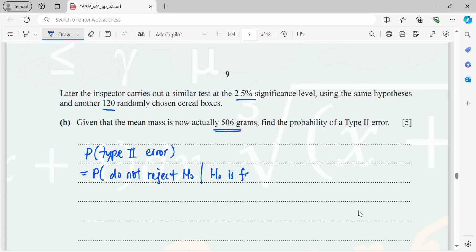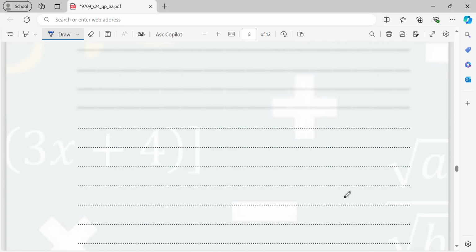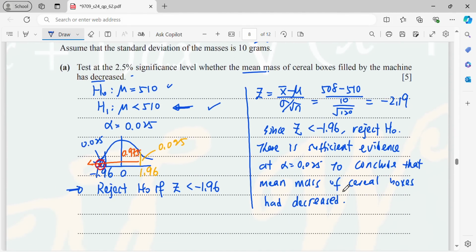Okay, it's false. Now, I need to find out what the value is, because from the first part we know that when our x bar is 508, H naught is rejected. But then I do not know what the actual x bar is, that is exactly negative 1.96, because as long as when you standardize it you get negative 1.96, then we need to reject H naught.